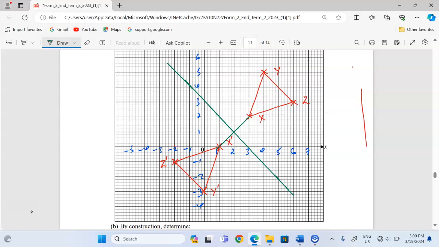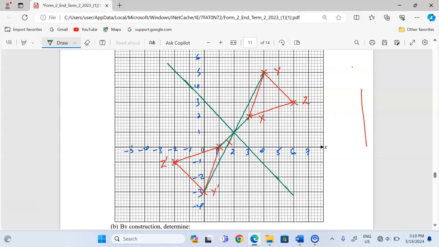Connect Y and Y'. So Y can just be connected that way. Then again, we do a perpendicular bisector to the line connecting Y and Y'.